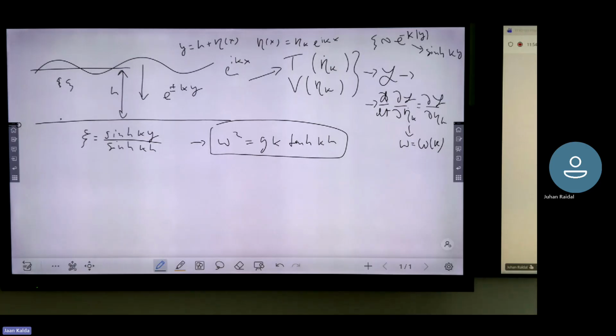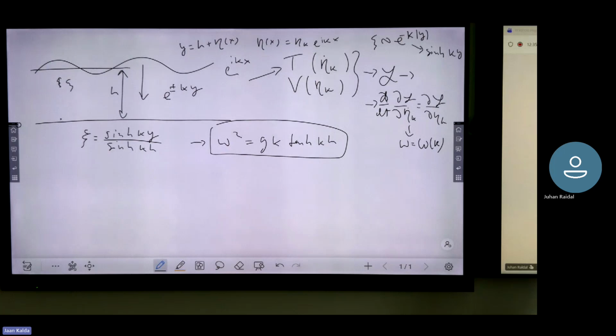If you repeat the same steps, then you should obtain something like that. We are skipping those steps, but technically it is not that difficult, because the potential energy expression remains exactly the same. You will have a little difference in the kinetic energy expression now, because it is not an exponent of k y, but it is a hyperbolic sinus.